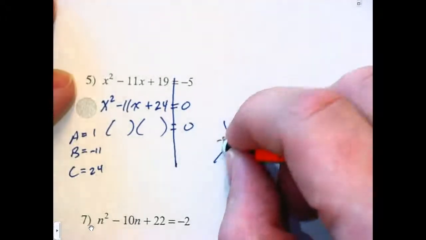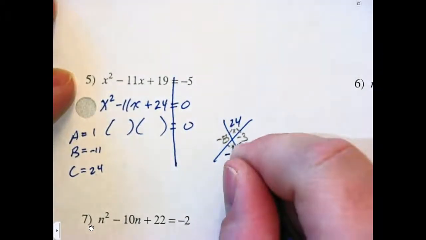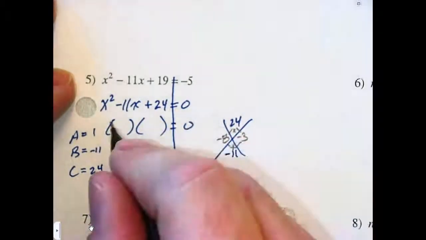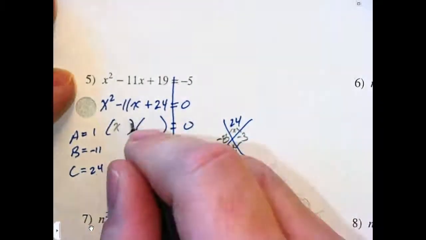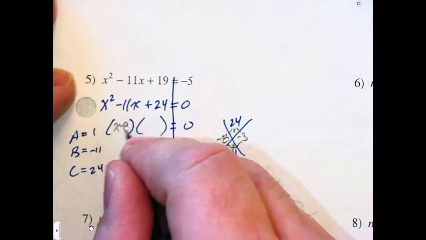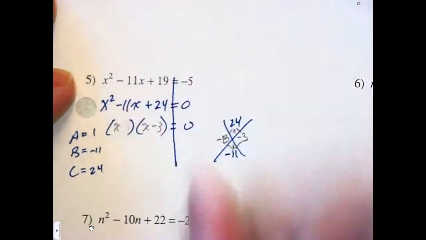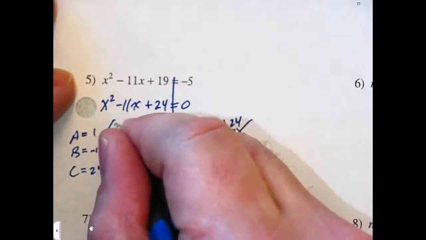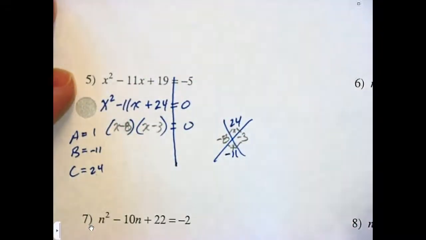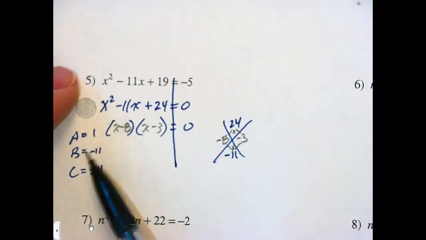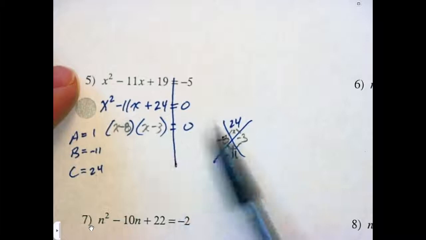Okay. It's kind of messy. All right, so that's what goes in here. X minus 8, X minus 3. What was the last step we had yesterday? Divide by A. But once again, A is 1. So if I divide by 1, does it change?